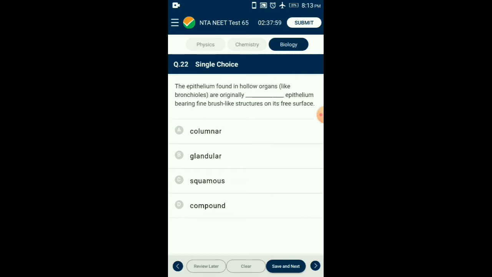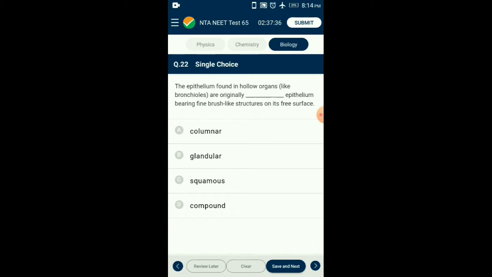Question number 22. The epithelium found in hollow organs like bronchioles is originally a columnar type of epithelium bearing fine hair-like structures on its free surface. If the columnar or cuboidal cells bear cilia on their free surface, they are called ciliated epithelium.